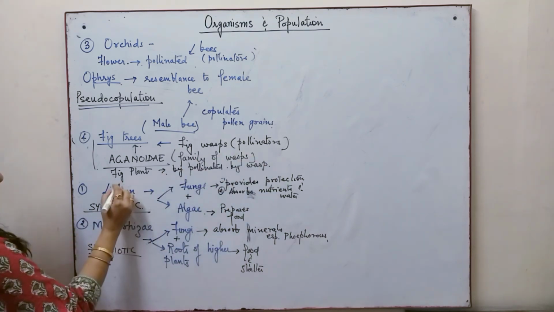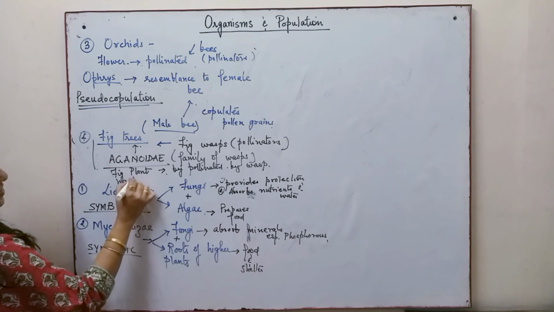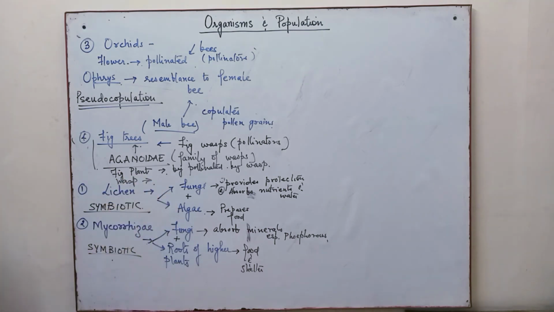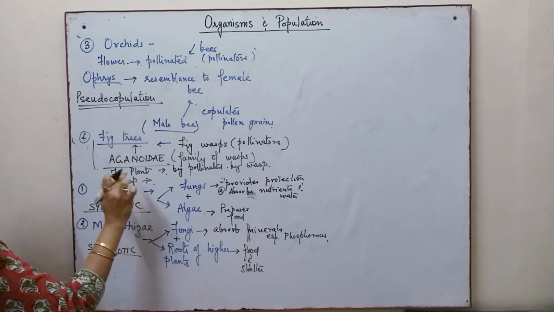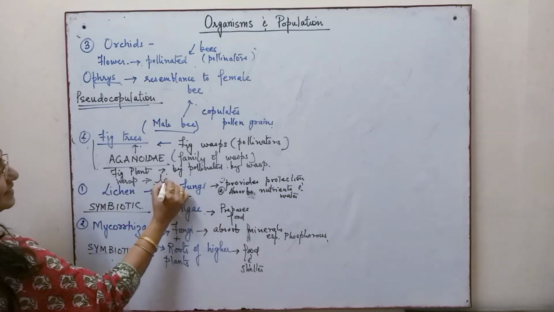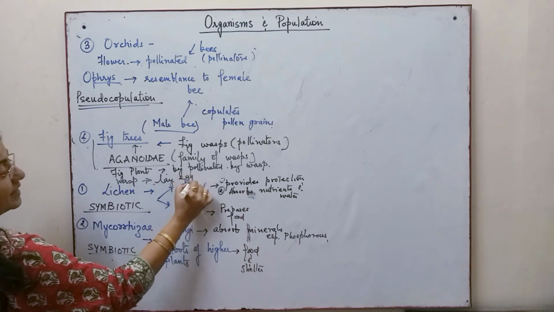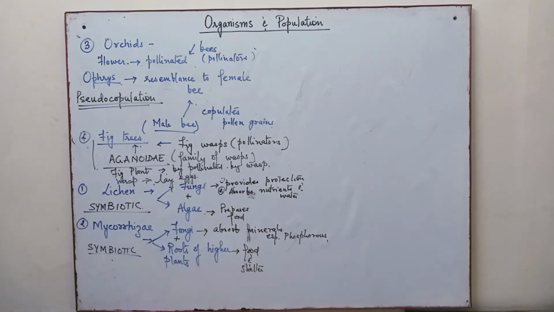And over here the wasp has the advantage because it uses the fig fruit for laying its eggs. The wasp will go inside and lay the eggs, which is known as oviposition, and it will leave its eggs there to develop.